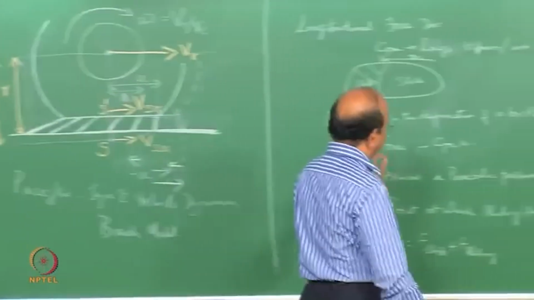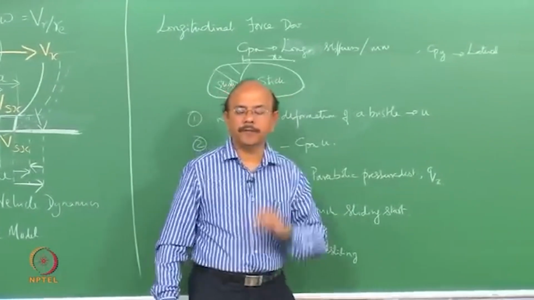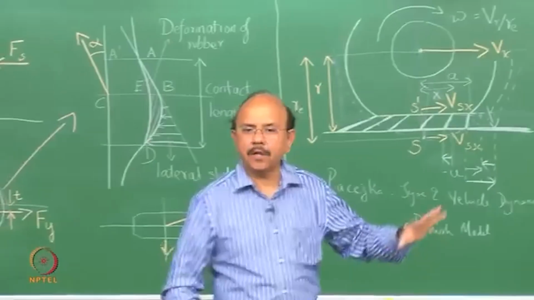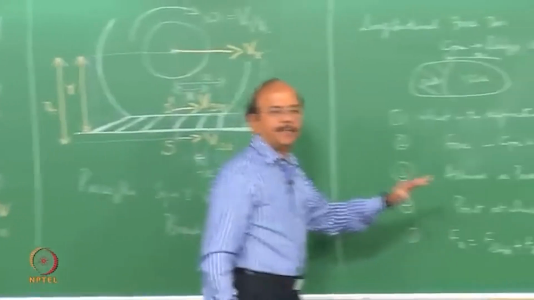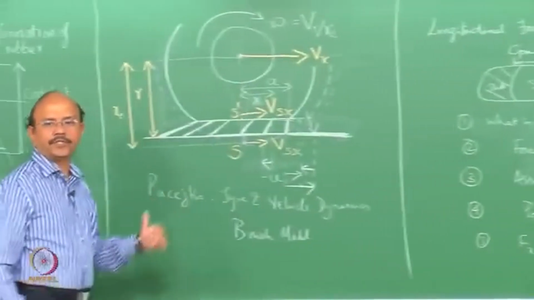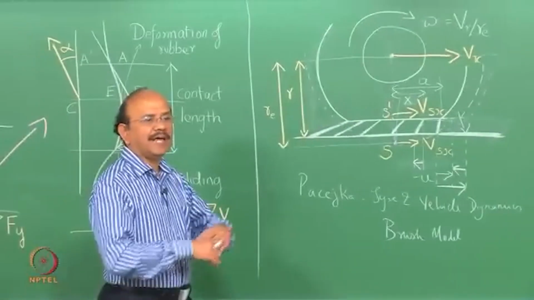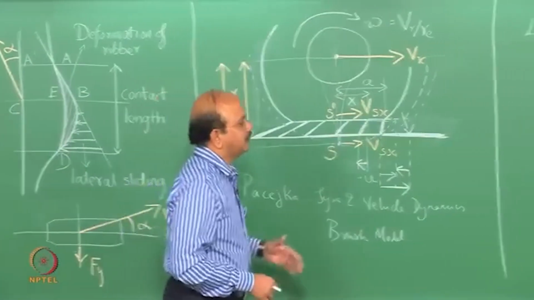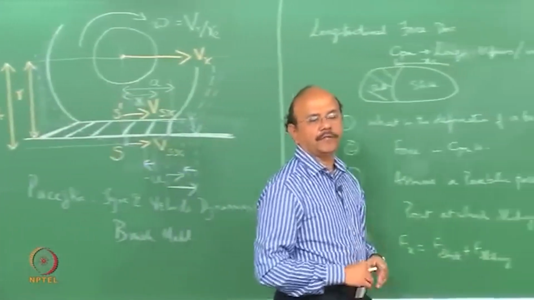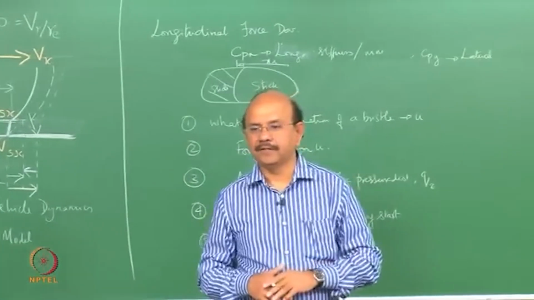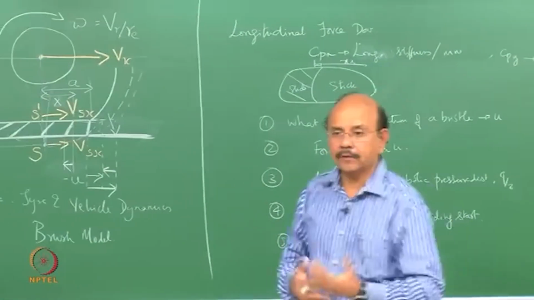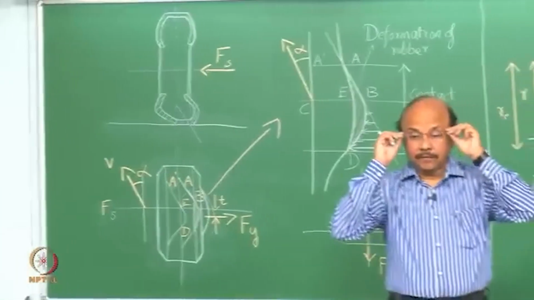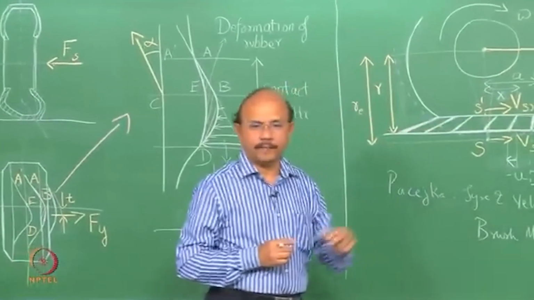Just before we proceed, a word of comment that though we are discussing longitudinal and lateral separately, there are conditions under which you will have both lateral as well as longitudinal forces develop. So, in other words, when you are cornering and braking, for example, there is a combined lateral and longitudinal deformation, and hence there is a force which is both Fx and Fy.